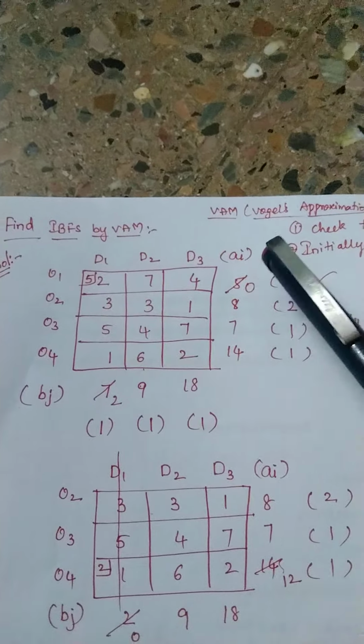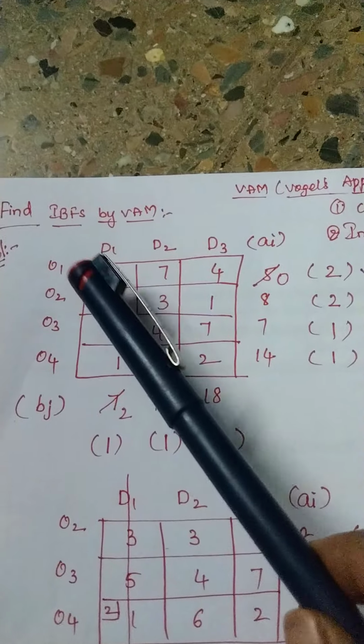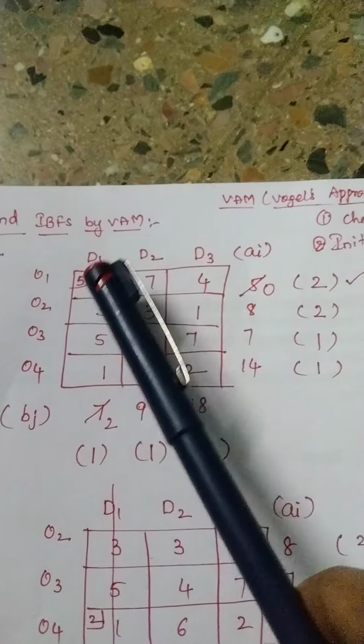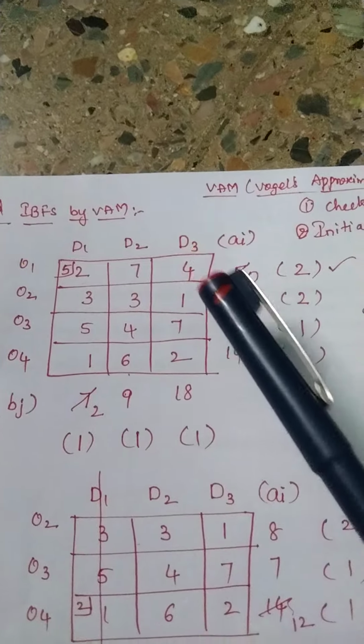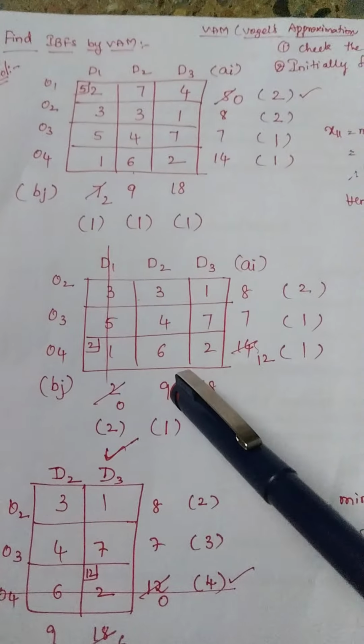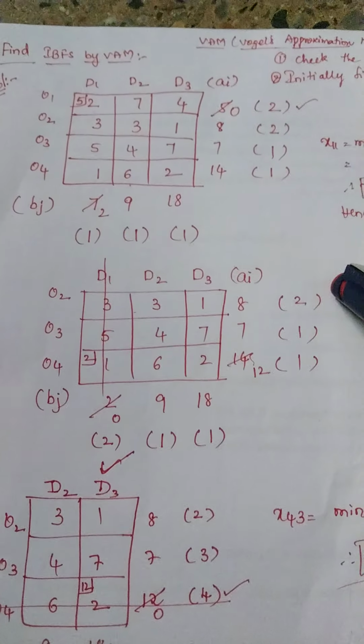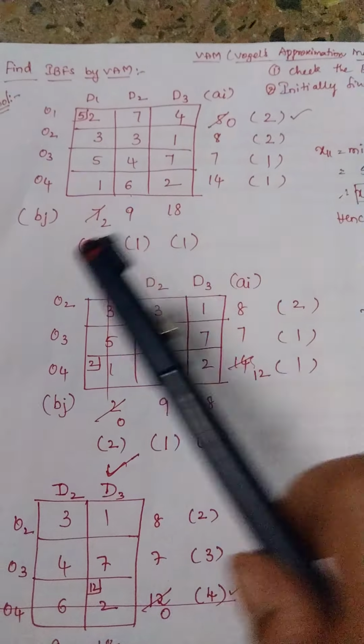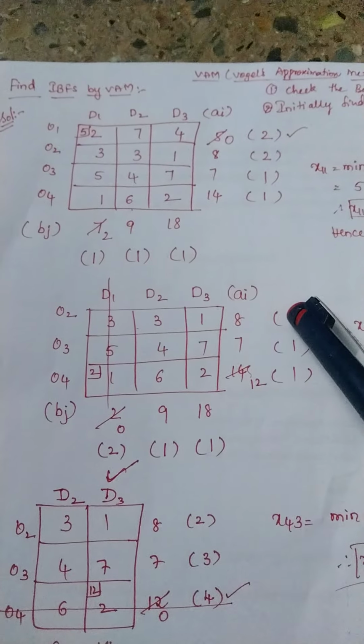So the origin O1 has been deleted. Now, after deleting O1, the remaining origins are O2, O3 and O4, and D1, D2, D3. We write those in the second matrix. All these three values will not change. Only the origin O1 has been deleted.